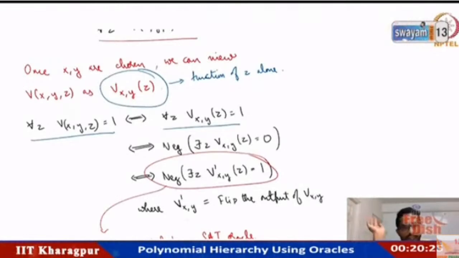So you just let V_xy run and you flip the output. So it's just a flip. V_xy equal to 0 means V prime xy equal to 1. That is what we have in this red circled input.